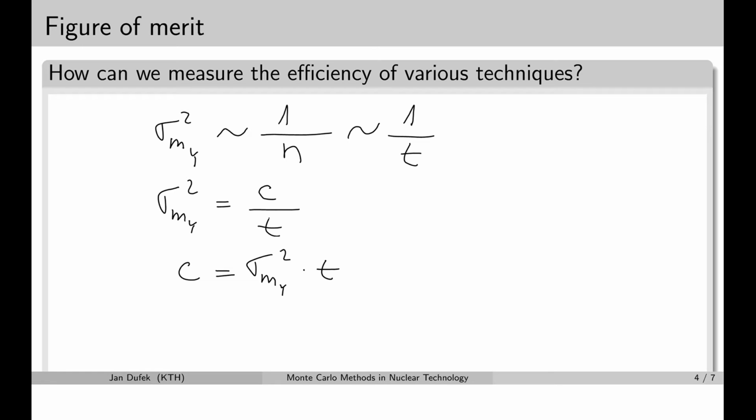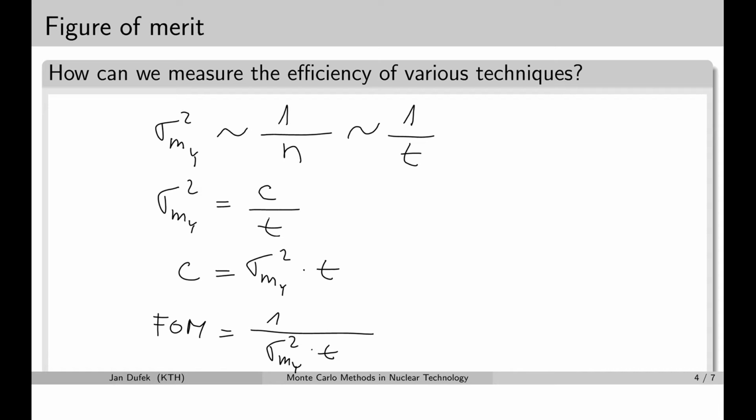Now I'm going to introduce the figure of merit as the inverse value of this product. So that is 1 over the variance of the mean value times time. So because the product of the variance and the computing time is constant during normal Monte Carlo simulation, the inverse value of this product is constant as well.